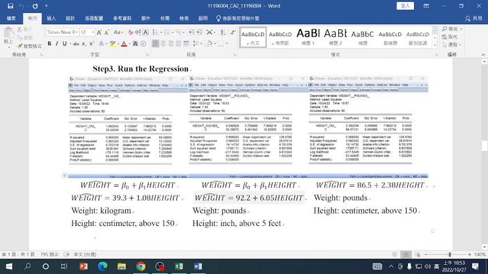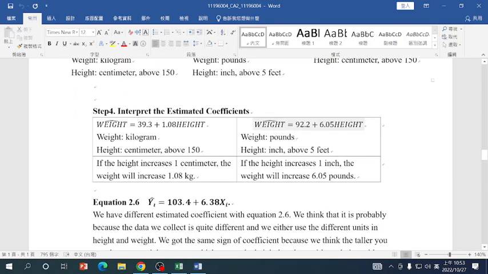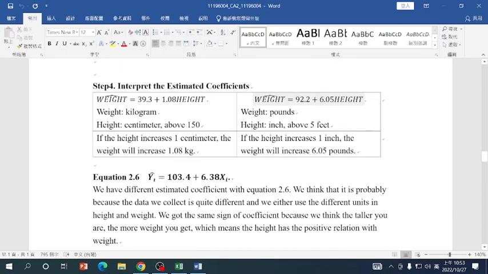After comparing these two equations, we find that if we multiply this value by 2.54, it equals 6.05. Step 4, interpret the estimated coefficient. If the height increases 1 centimeter, the weight will increase 1.08 kilogram, and if the height increases 1 inch, the weight will increase 6.05 pounds.